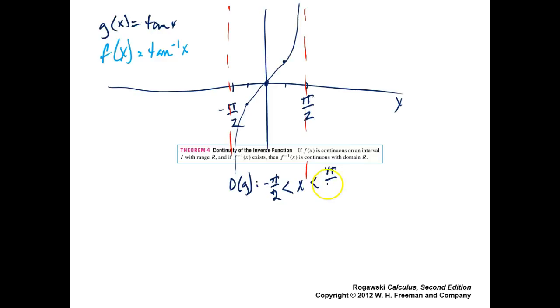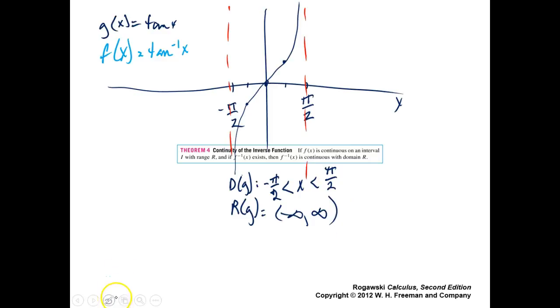It can't be equal to, that's the vertical asymptote, can't be there. What's the range of g? Negative infinity to positive infinity. I'm just going to write that in interval notation, a little easier to write that way, okay?